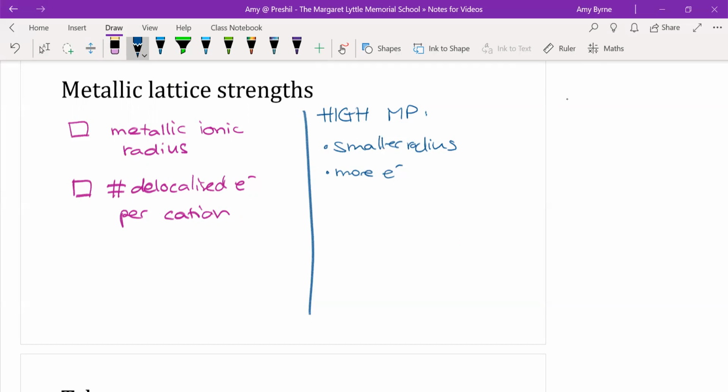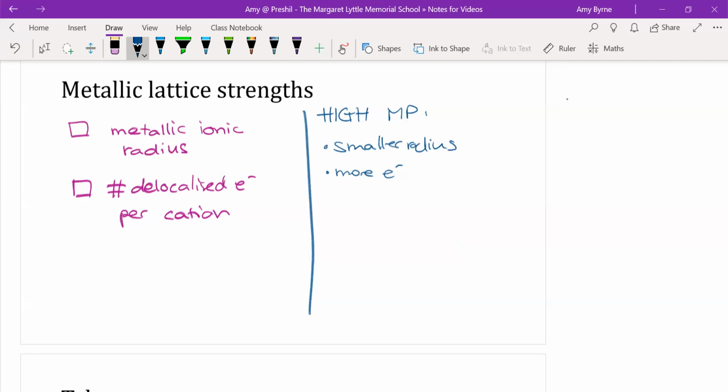That softness is basically a measure of that electrostatic attraction within that metallic lattice. And as the size of that metallic ion radius increases, that melting point is going to decrease.